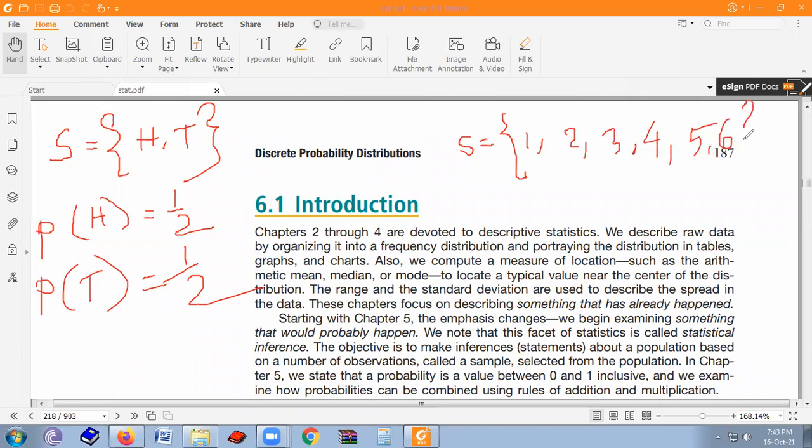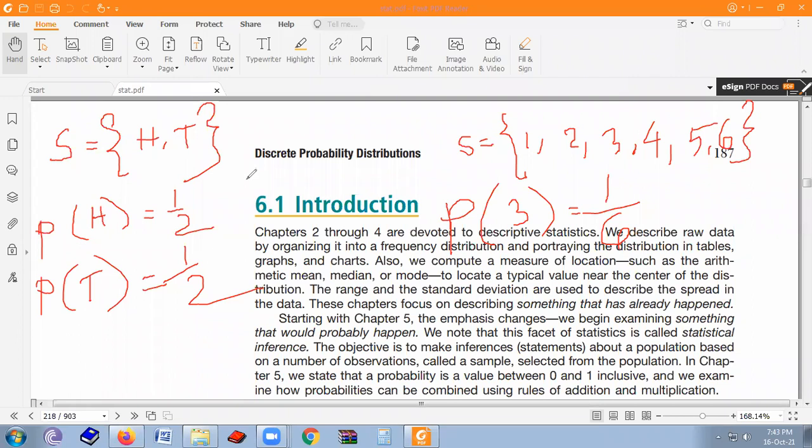So the probability of 3 will be 1/6, because we have only one favorable outcome and we divide by 6 possible outcomes. So this is our probability.